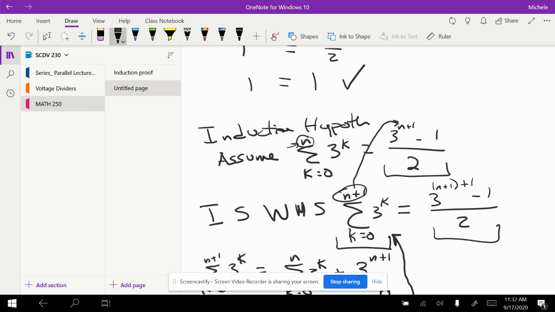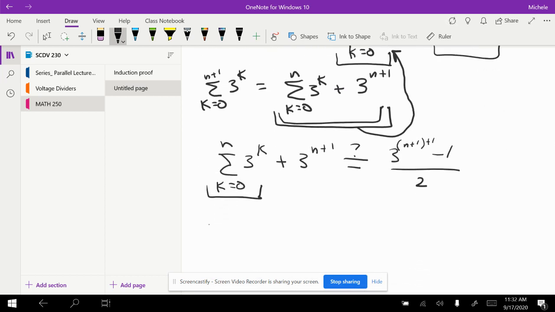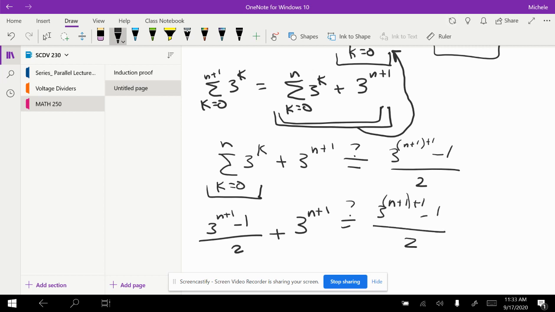So this is my closed form, and I'm assuming that that's true. So I'm going to plug this closed form in down here for this piece. So this is going to be 3 to the n plus 1 minus 1 over 2 plus 3 to the n plus 1. Does it equal 3 to the n plus 1 plus 1 minus 1 over 2? Is that true?